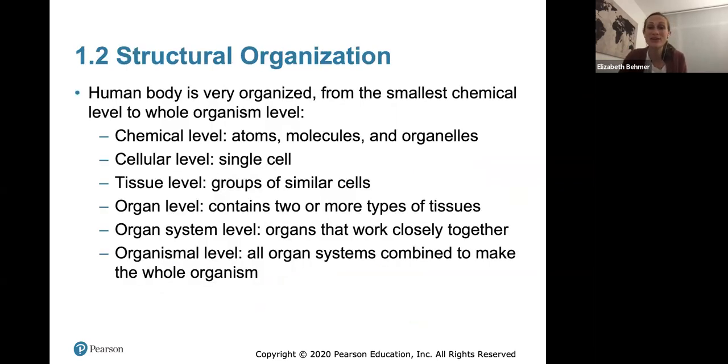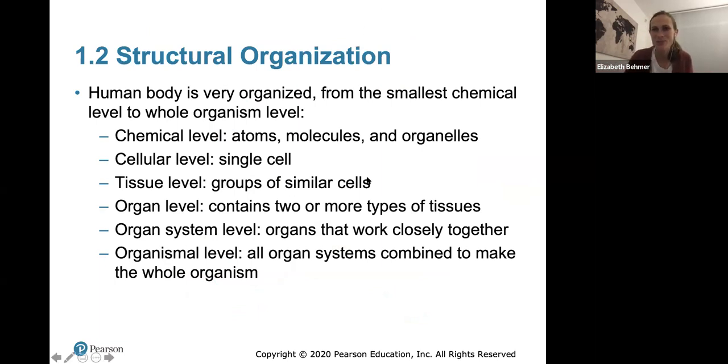The human body is very organized from the smallest chemical level to the whole organism level. And this structure of organization in the body is one you should be familiar with. We start at the chemical level, which is all of your atoms, molecules, organelles. They form the cells, which is the cellular level. Different cells come together to form tissues.